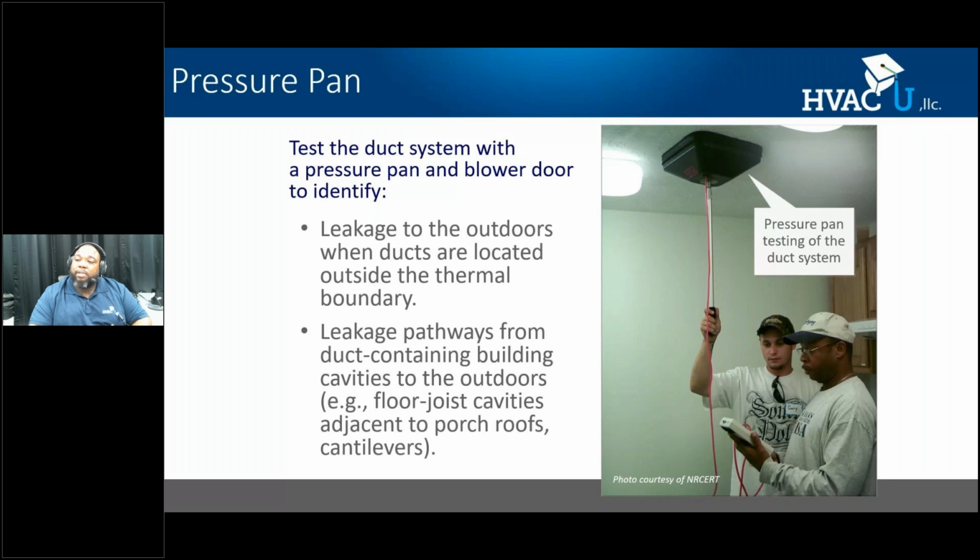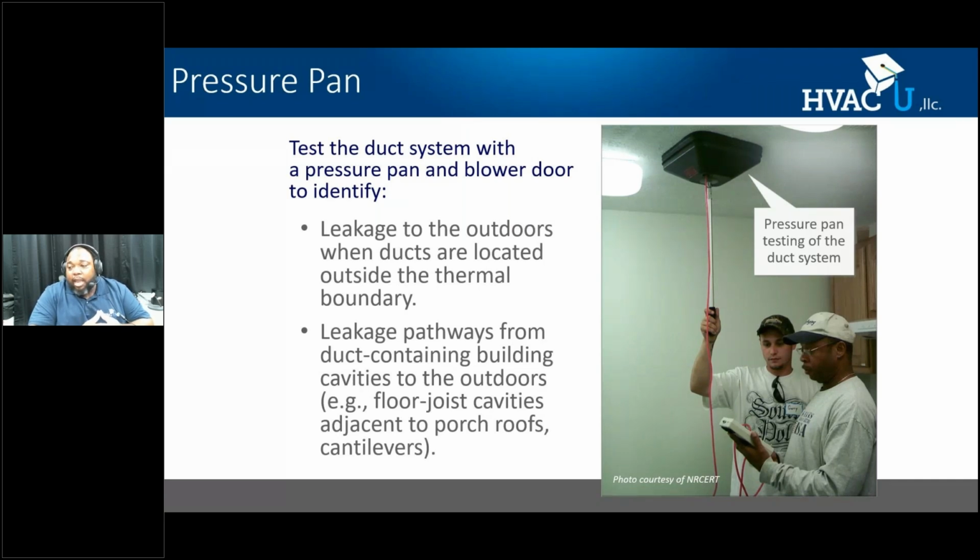For example, let's say the duct that is feeding this pressure pan is located in an attic. If I have a blower door making a pressure differential, and I pick up that pressure differential with this pressure pan, that could indicate that air from that distribution system is leaking into unconditioned space. So I get double trouble.